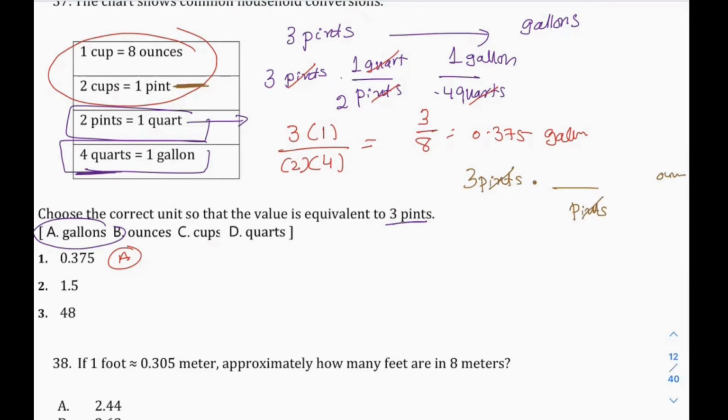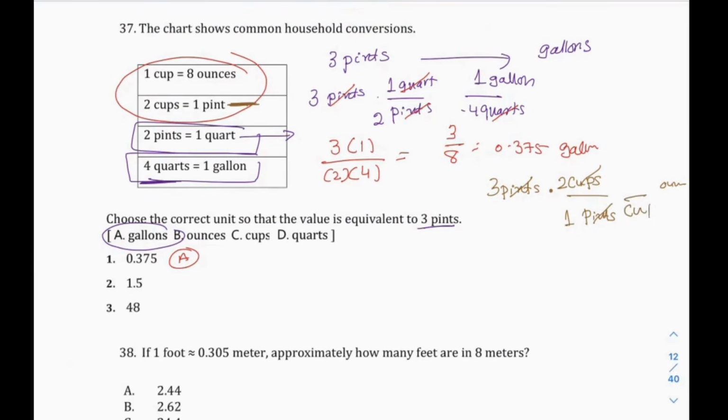We have 1 pint equals 2 cups. So I will put 1 pint is equal to 2 cups. Now I need to cancel the cups by putting the cups down. And I have 1 cup equals 8 ounces. So cups goes with cups. Up we have 3 times 2 times 8. Down I have 1 by 1 only. 3 times 2 is 6, 6 times 8 is 48. What? Ounces. So this will be our ounces. Clear?